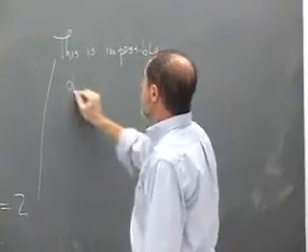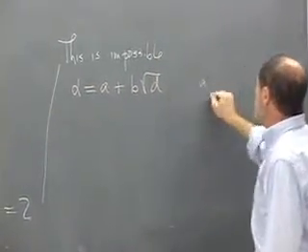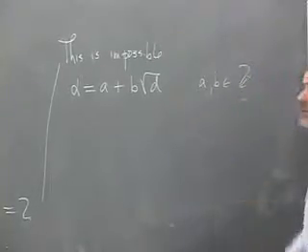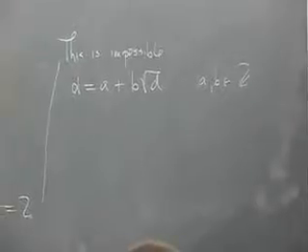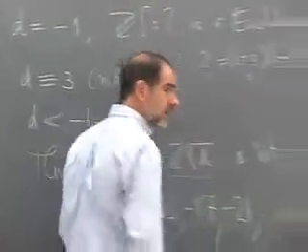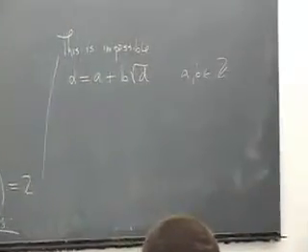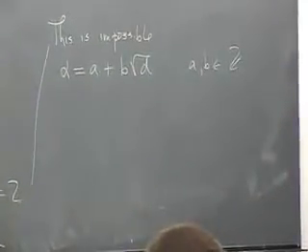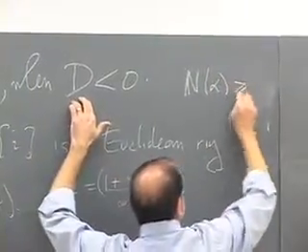We write alpha as a plus b root d, where in this case we know a and b are integers, right? Because we're in a case where d is 3 mod 4, so the ring of integers is just this. Yeah, Tim. Pardon? No, because remember, in an imaginary quadratic ring, the norm of alpha is always greater than or equal to 0.